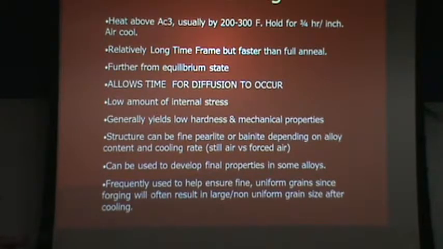Sometimes you will combine normalizing and tempering, which we'll talk about in a minute, to get a particular target value for hardness or strength. Normalizing is also used as a preliminary heat treatment step prior to a fully austenitizing and quenching step. The reason for doing it in that circumstance is to help get a small grain size.